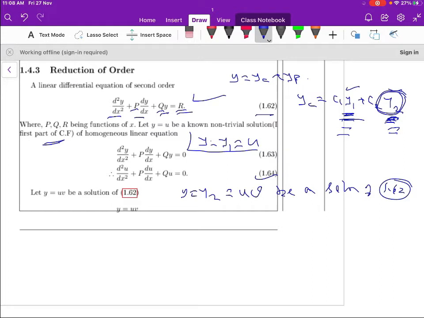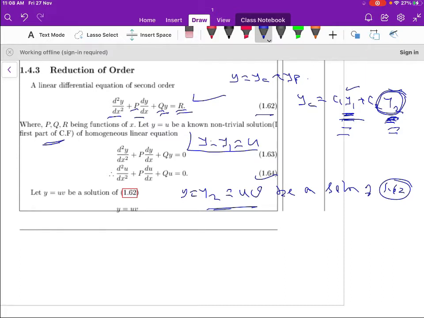By using the inspection method one can find y1 is equal to u, the first part of the solution. To find y2, we assumed the solution of the form u into v, where v is unknown to be determined.